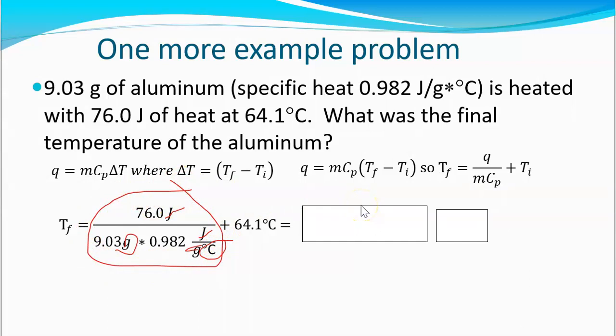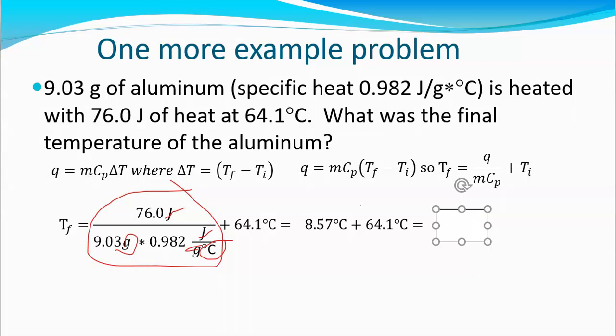Take 76 and divide it by 9.03 times 0.982. And then that will get me 8.57 degrees plus my initial temperature. That makes sense. I'm heating it, so I should expect the temperature will go up. And I get a final temperature of 72.7 degrees. So you can see this is a very versatile equation. I can move a lot of things around and get lots of different answers.